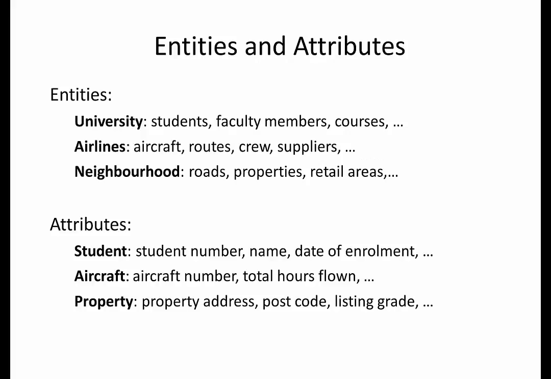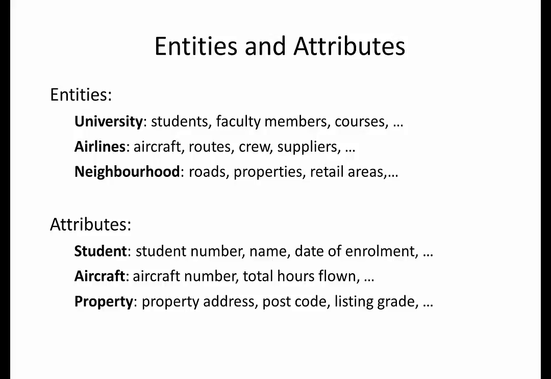So what kind of entities exist? Well, it depends on the system that you're interested in. In a university system, we might identify students, faculty members, courses, etc. Airlines might be interested in aircraft, routes, and so on. Neighbourhoods, roads, properties, etc. And then each of those entities has a set of attributes, things that describe them or are needed to describe them.